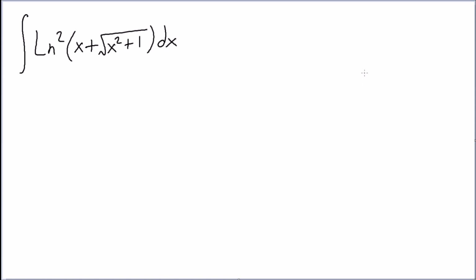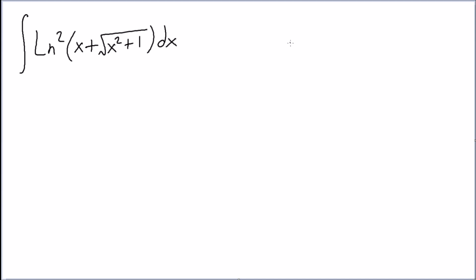And if we try trig-sub, like let x equal tangent theta, then we'll end up getting ln squared of tan theta plus secant theta, times secant squared theta, and I don't know if you want to deal with that. What do you even do with that? More integration by parts? That's a no-no.